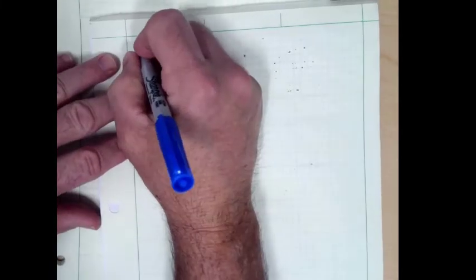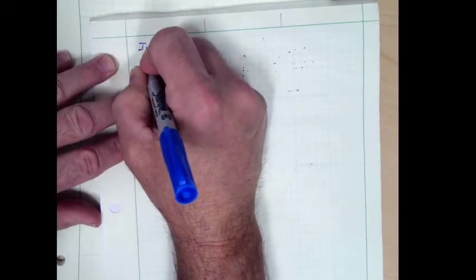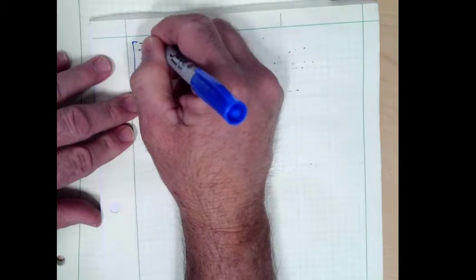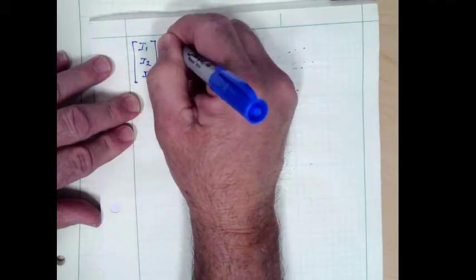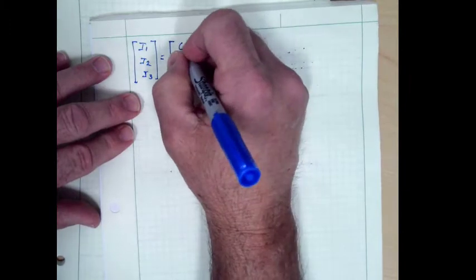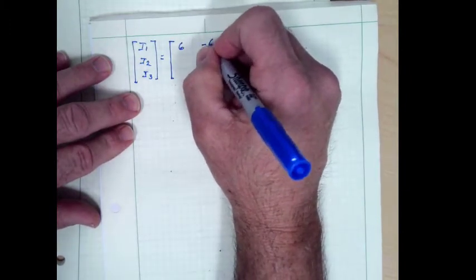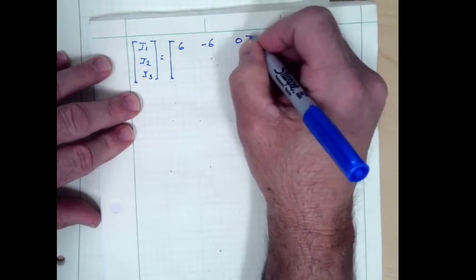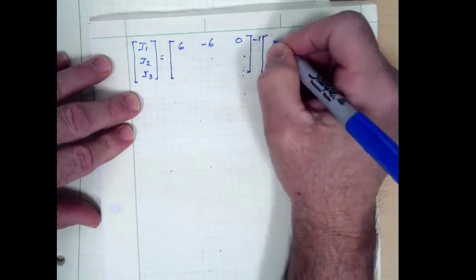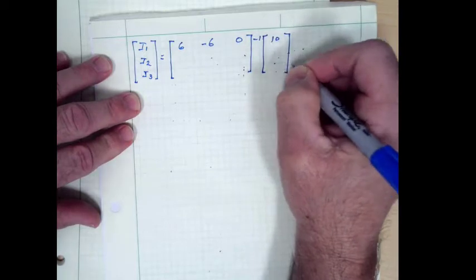So we have our I1, I2, I3, and we have a 6, a minus 6, and a 0. We have a 10 there.